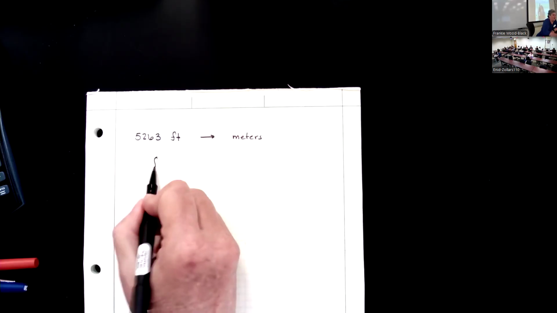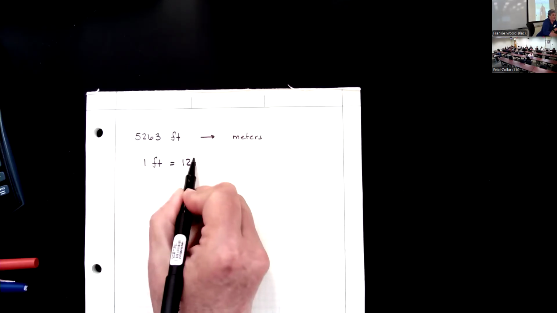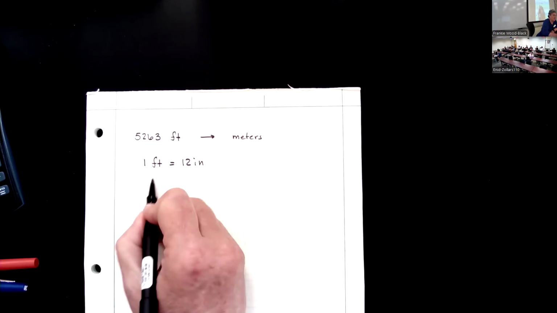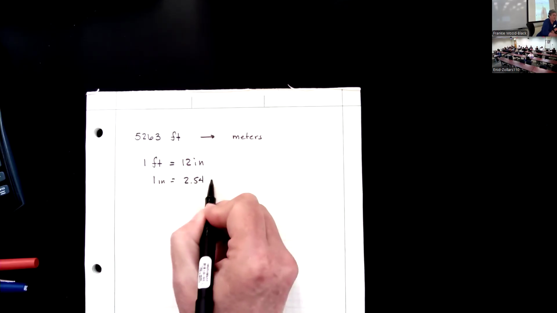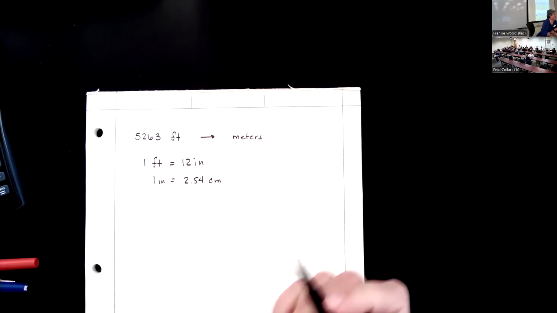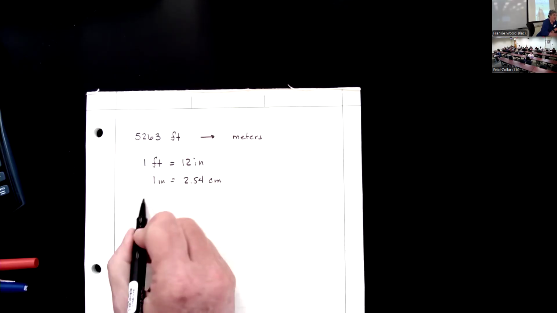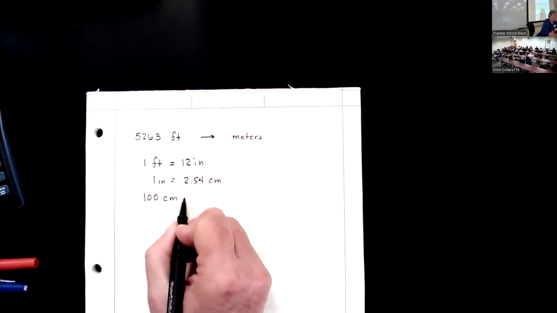But we all know that 1 foot is 12 inches, right? Most of us know that one. The one that I always have in my head, because it is an exact conversion, is that 1 inch is equal to 2.54 centimeters. So your 30 centimeters is probably pretty darn close. And we know that there are 100 centimeters in 1 meter.